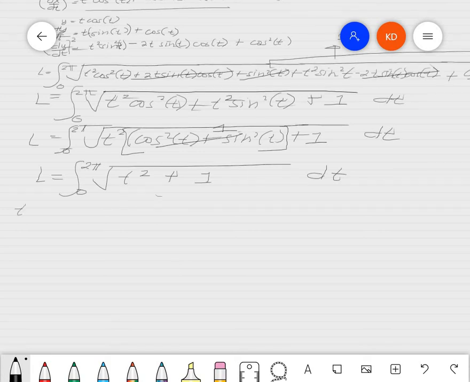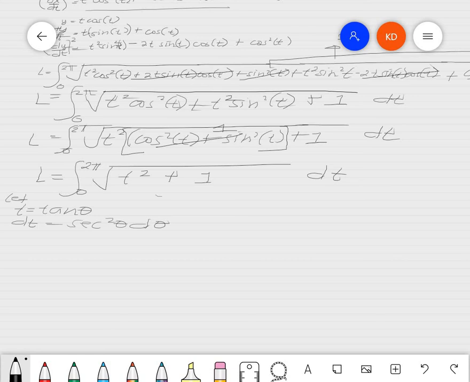So let us have t is equal to tan theta and dt is equal to secant squared theta d theta. So we will have to substitute it. Maybe let's try to change the limit in terms of theta.